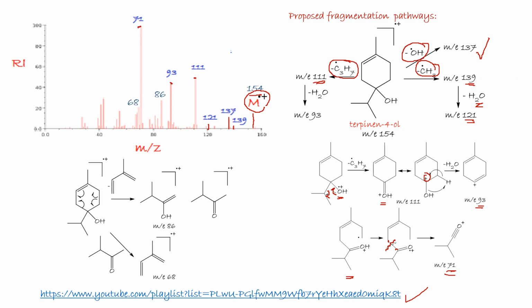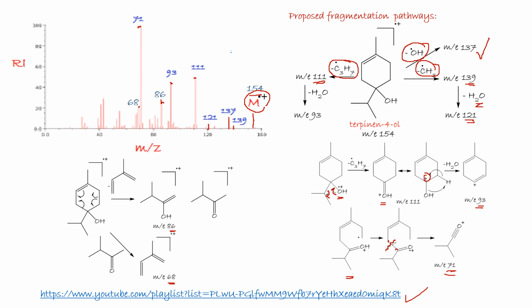Since the structure contains cyclohexene, we expect retro-Diels-Alder to occur, and then we have the possibility of the formation of 86, here it is, or the peak at 68, and we have again an intense peak.